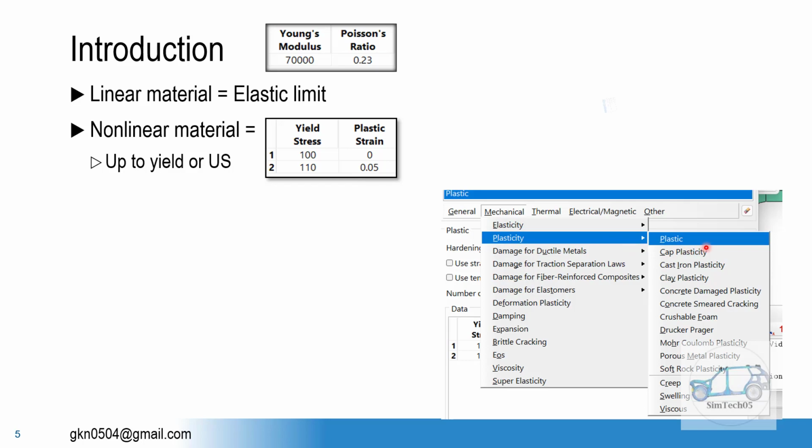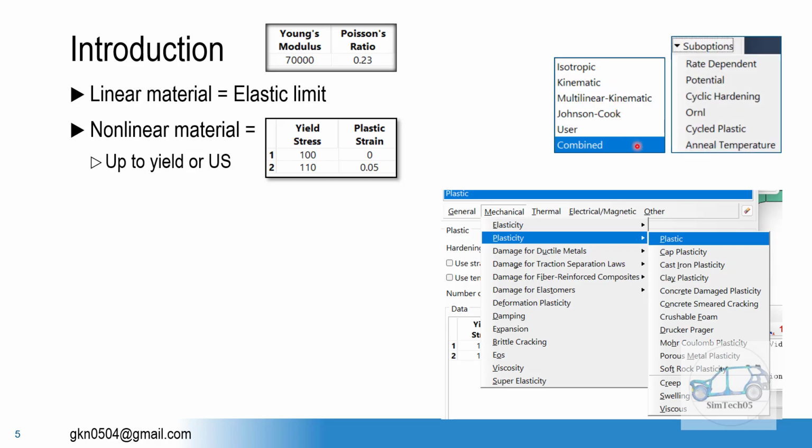In that plastic material itself, we have different types of strain hardening conditions like isotropic, kinematic, Johnson-Cook, etc. And we have sub options like rate dependent, cyclic loading, etc. For most of the metals, this plasticity is sufficient.